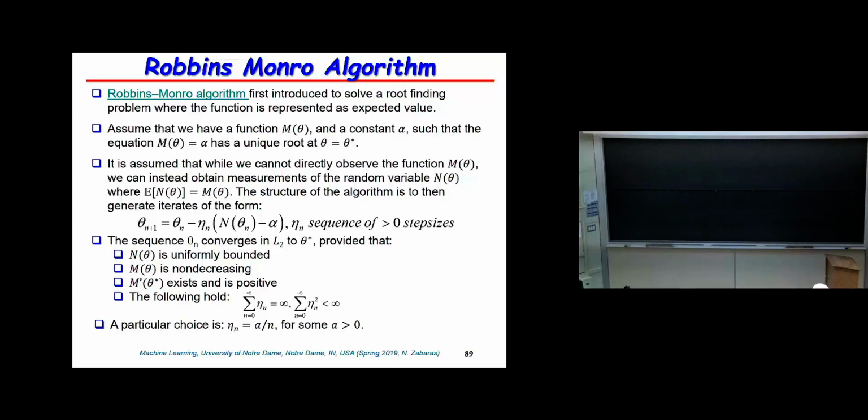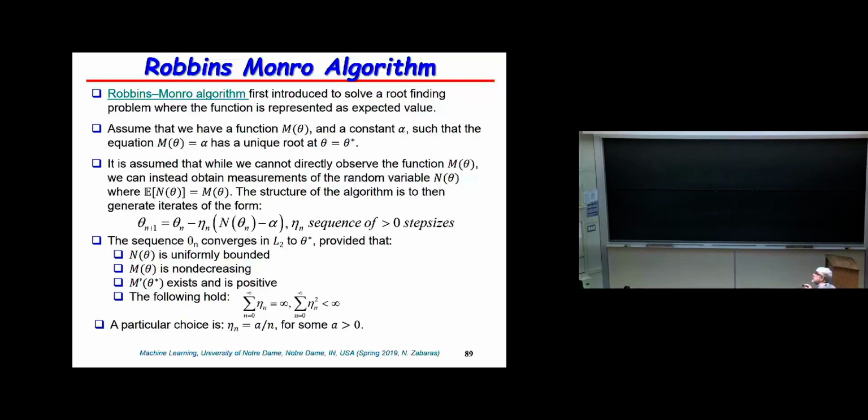Unfortunately, you don't have access to m of theta, but you have access to some noisy representation of m of theta, which you call n of theta. So the expectation of n of theta is equal to m of theta. The whole algorithm is how you use this noisy representation of your function of interest, here n of theta, to do stochastic optimization and iteratively converge to the root that you want to compute.